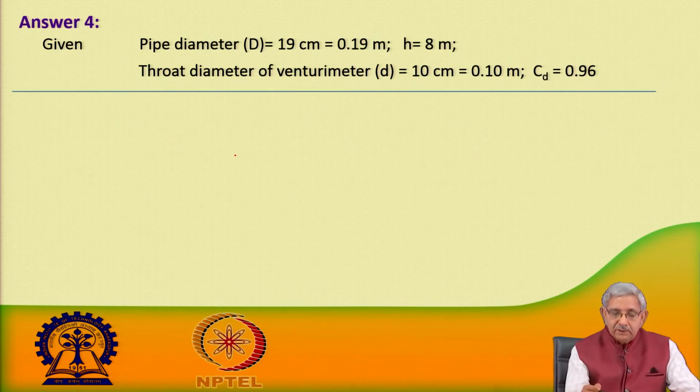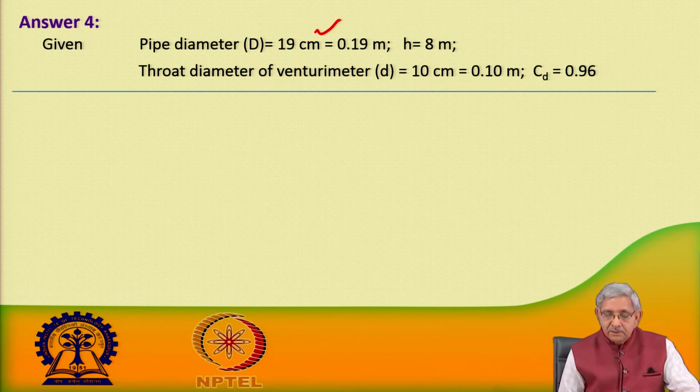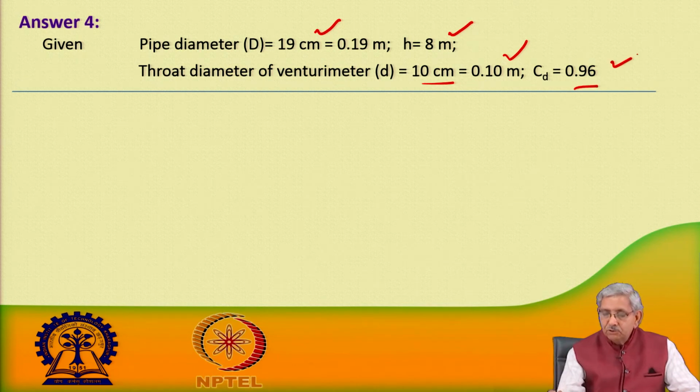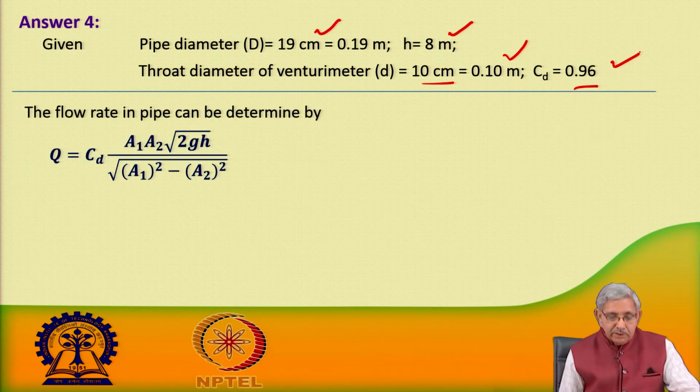So, pipe diameter is 19 centimeter, pressure head difference across these two places is 8 meter, the diameter of the throat section is 10 centimeter, and coefficient of discharge is 0.96. Those are the data, and it is a very straightforward question.